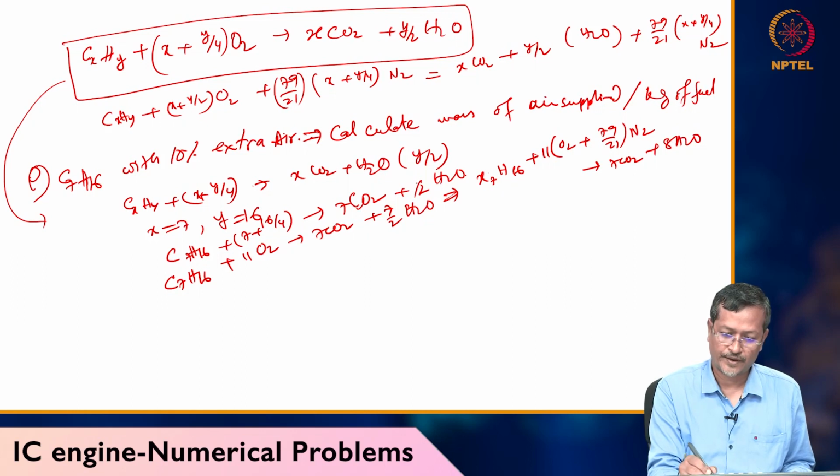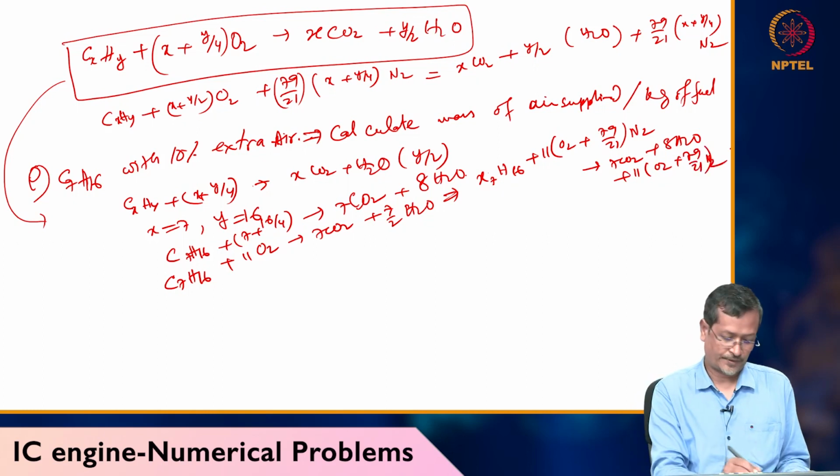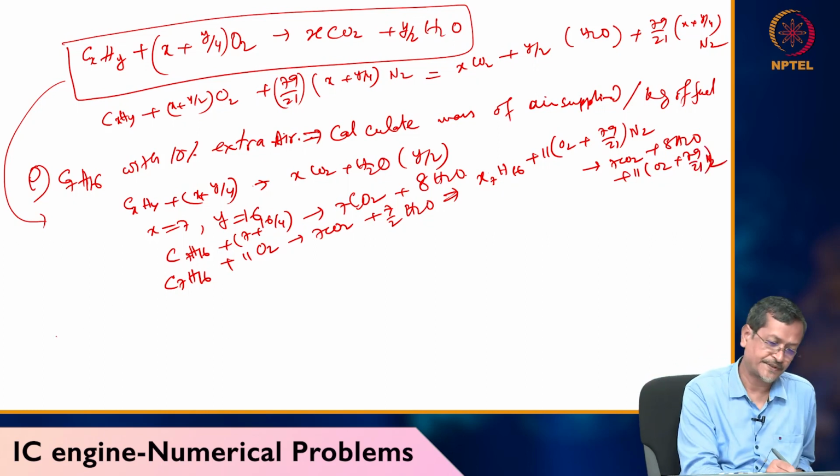H2O will be y by 2, no? So it will be 8, plus 11 O2 plus 79 by 21 N2. Okay. Now you have 10% excess here.